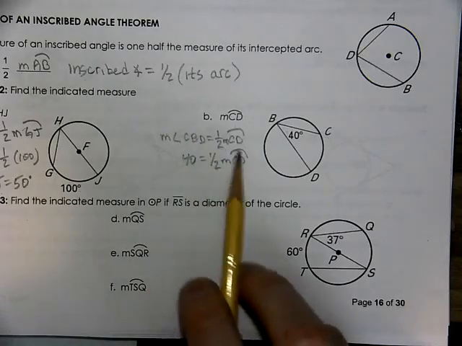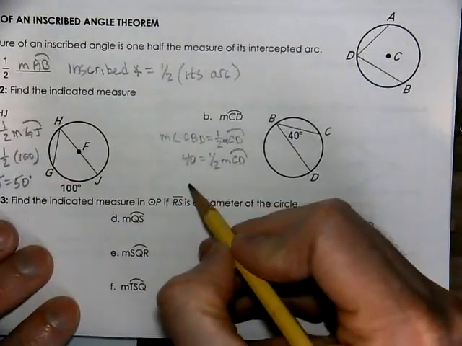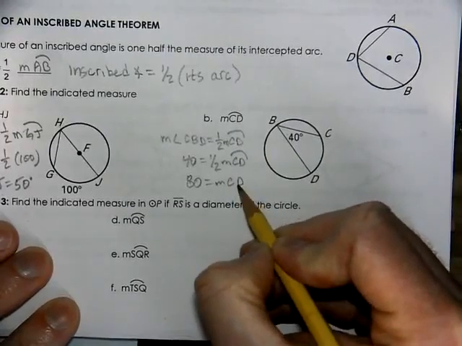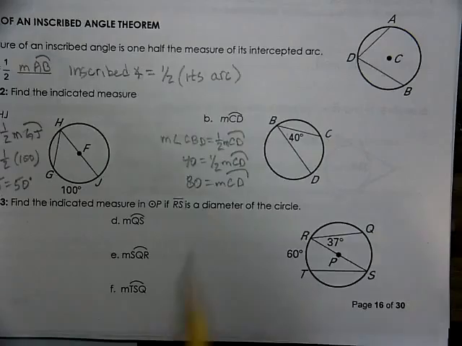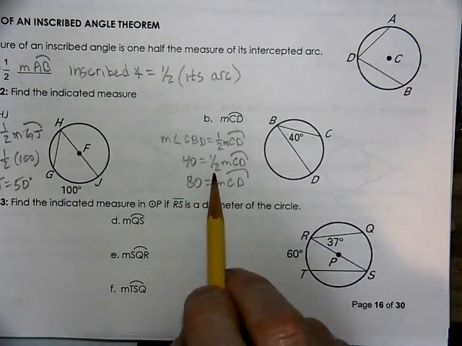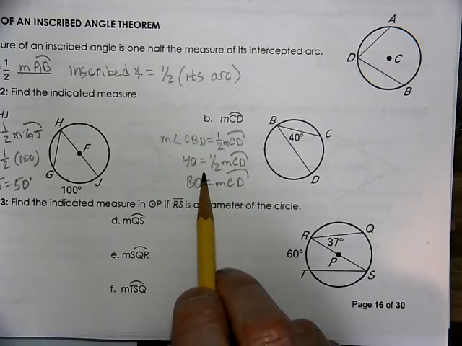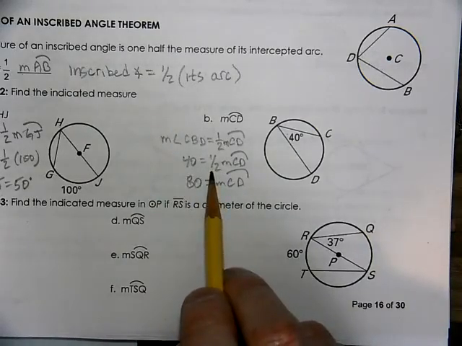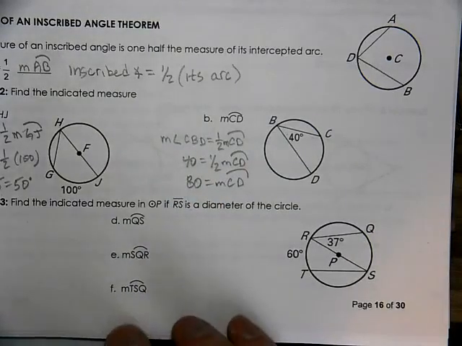So times this side by 2 and you get rid of the half, times this side by 2 and we get 80. Some people say divide by a fraction, which is fine, but mathematically we typically talk about multiplying by a number to get rid of the fraction.